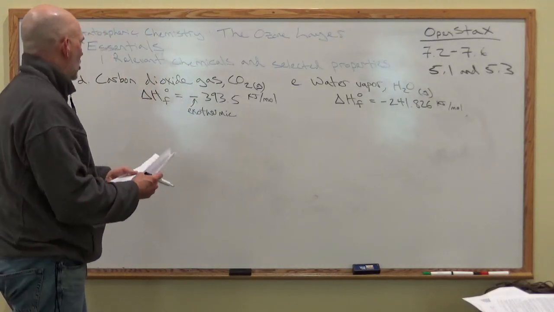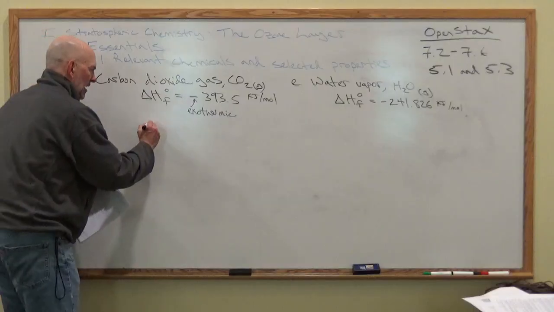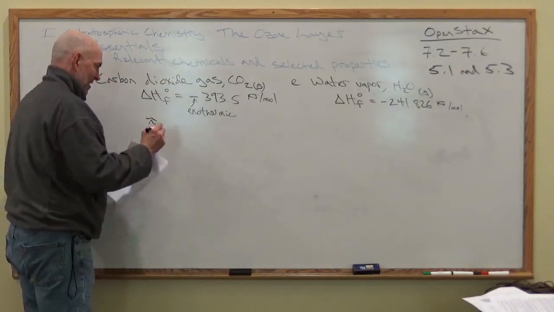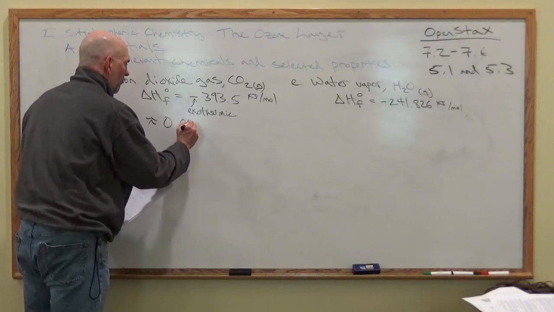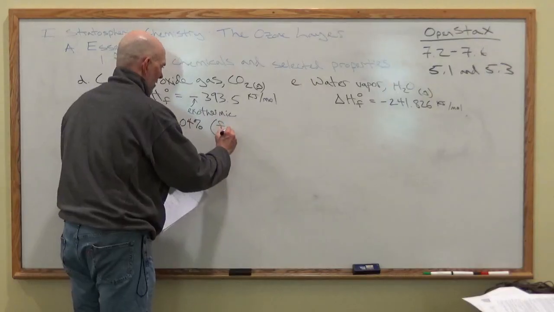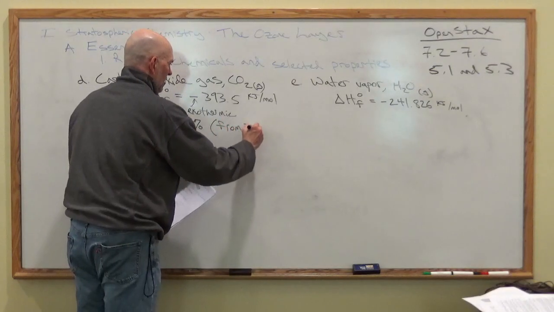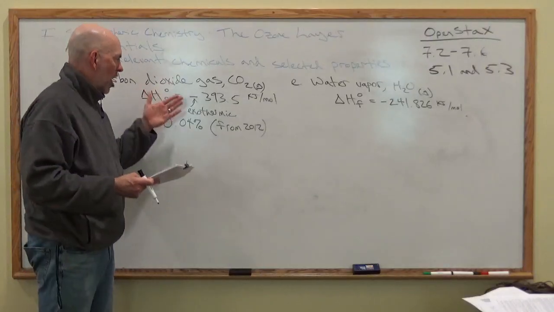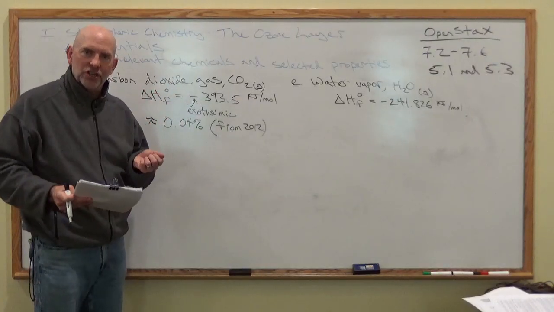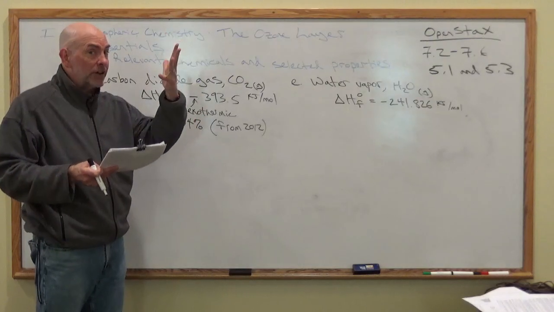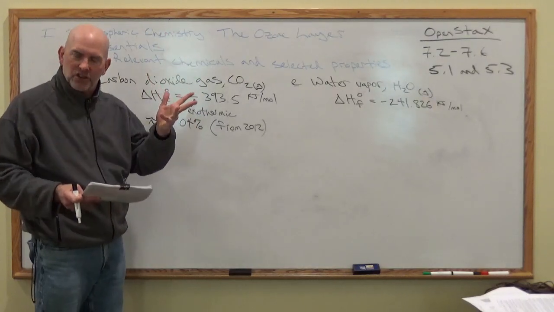Carbon dioxide is a molecule we're going to talk a lot about. It's 0.04% of the atmosphere. However, if you know anything about global warming and climate change, you realize that carbon dioxide is something we pay attention to, and as the amount of carbon dioxide in the atmosphere increases, that becomes a concern.